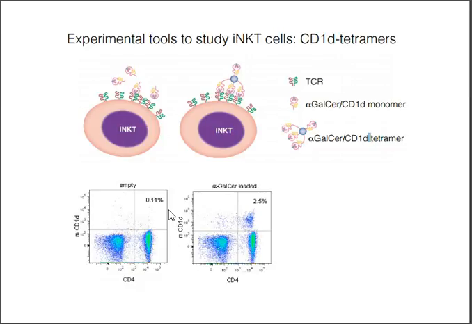And so here we're looking at probably this box here. So high CD4 expression, but we want a high CD1D tetramer too. This is empty. This is loaded with alpha-GalCer, and we can see that it's increased.